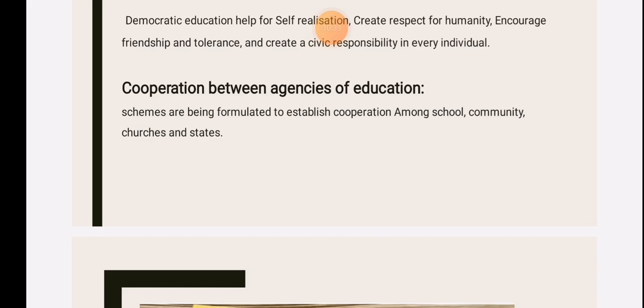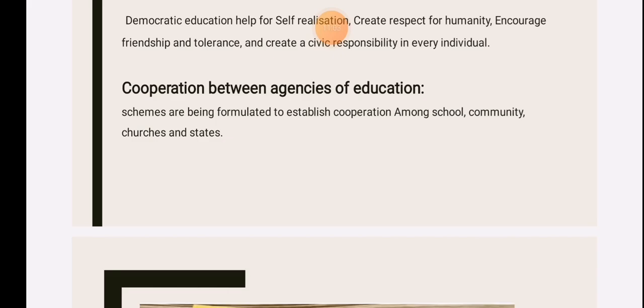So when we take a scheme for education, we should include and consider all the major agencies of education. Education is only possible with the correct cooperation and coordination of all educational agencies.